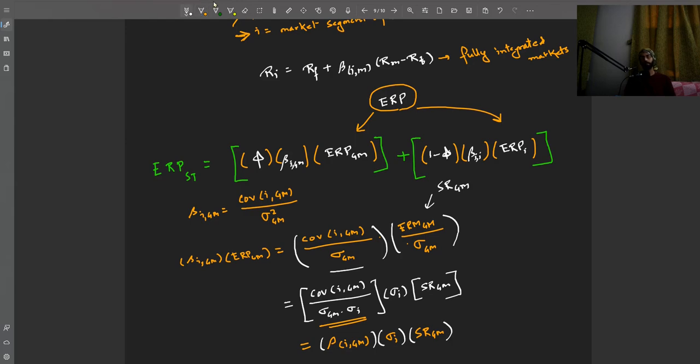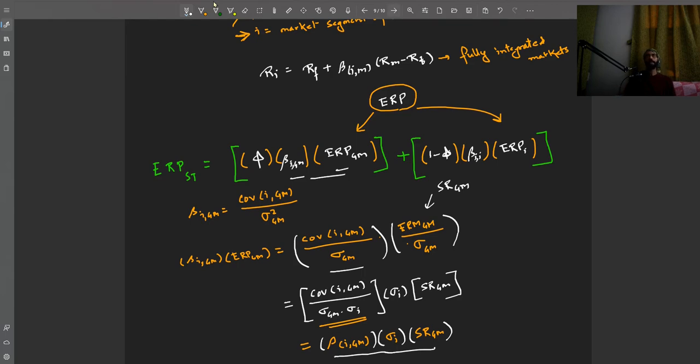Right? This is for the first expression. We have just modified the first expression. The second term and the third term together we have multiplied and modified to become this kind of a term. Right? Correlation of I with respect to global market, standard deviation of I into Sharpe ratio of the global markets.